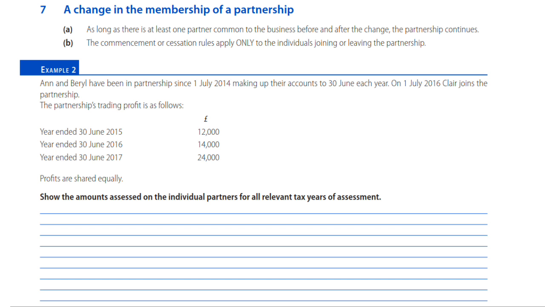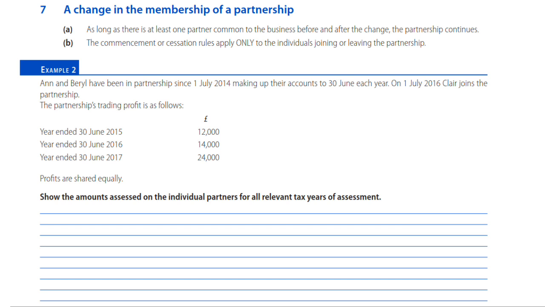In our previous lecture together on partnership, we saw how if a new partner joined a partnership, then so far as that new partner was concerned, it was a new business. So the date they joined the partnership represents their start date of a new trade. And that meant that we had to establish the profits, again, in the normal way, using the profit sharing agreement during the accounting period.